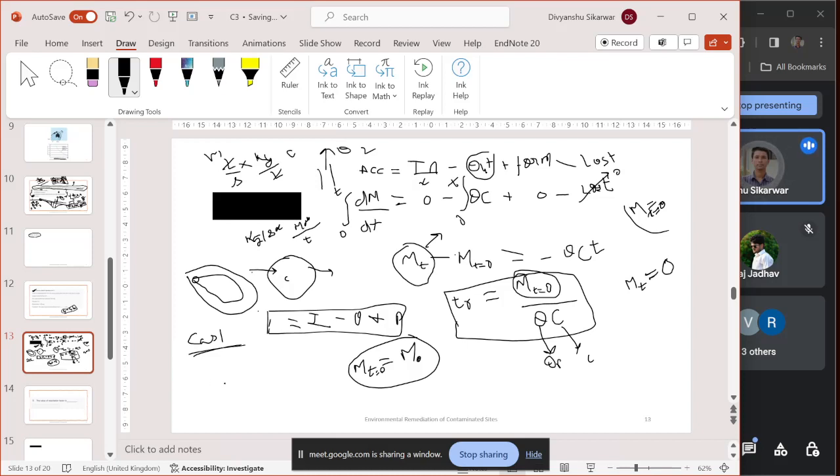So for knowing the volume of pores, what should we do? If I know the volume of the soil in which the contamination is there, can I calculate the volume of pores from that? How would I do it?